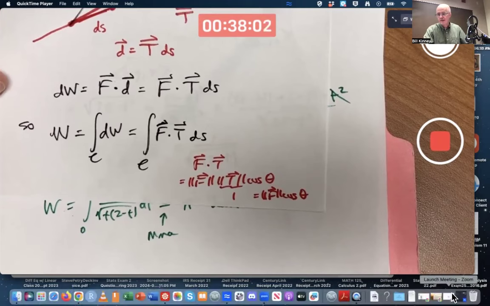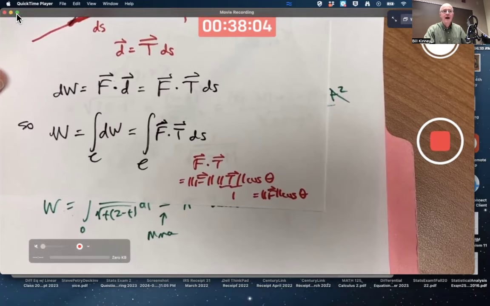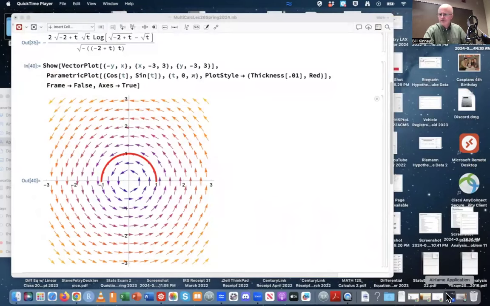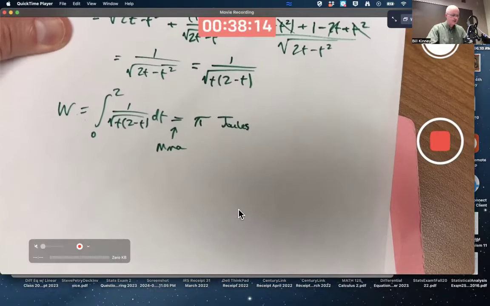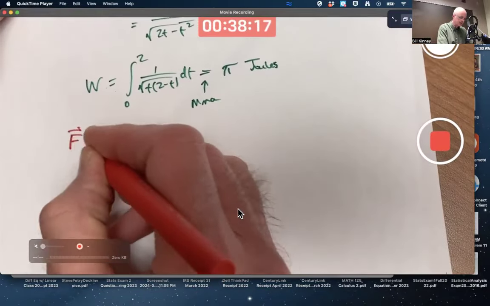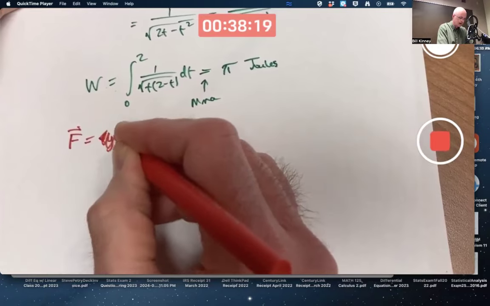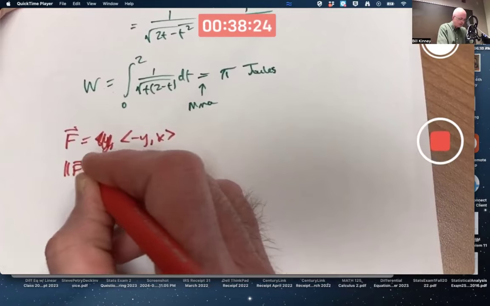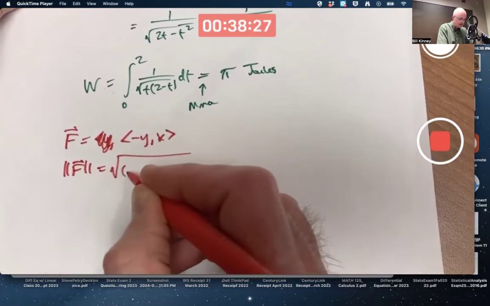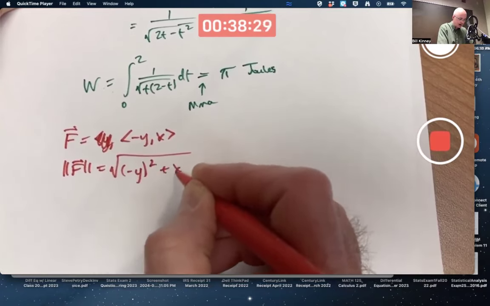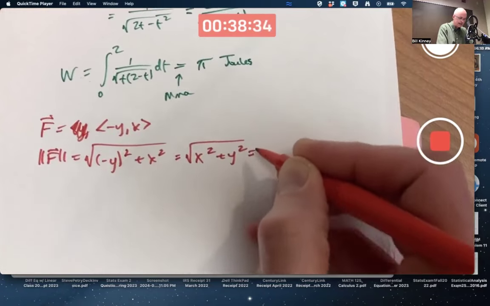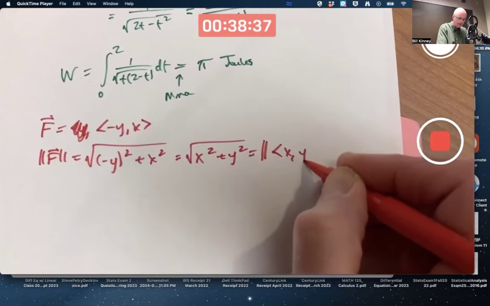Moreover, with this particular vector field, the magnitude of F along circles centered at the origin is constant. Why? Magnitude of F along circles centered at the origin for this vector field, negative y, x, its magnitude is the square root of negative y squared plus x squared, same as the square root of x squared plus y squared, same as the magnitude of the vector x, y.